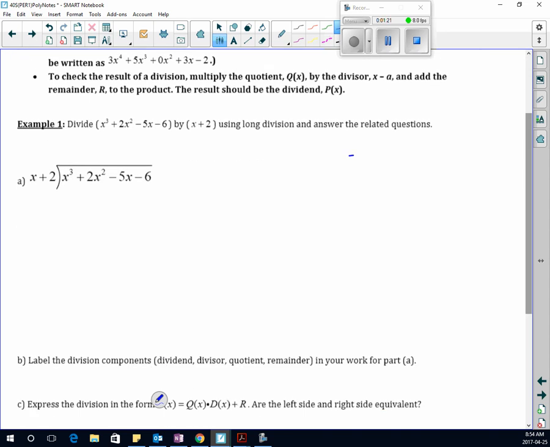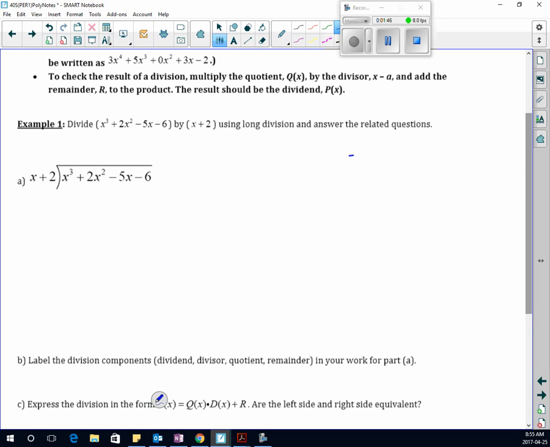So we are going to divide this by long division. Do you remember how we did the previous long division question? Okay, so what we did is we said, how many times does x plus 2 go into x cubed? So how can I make it x cubed?